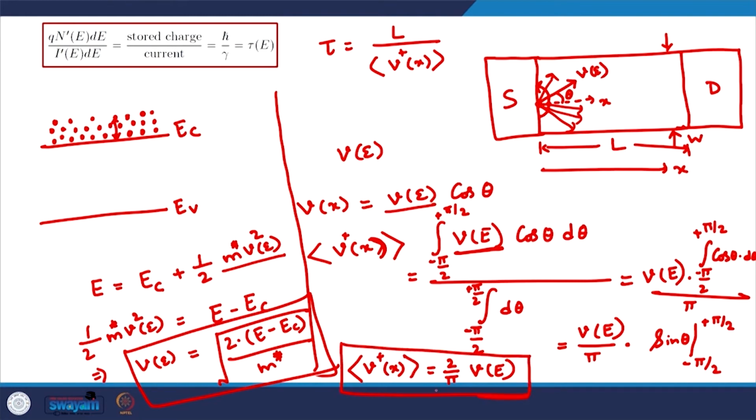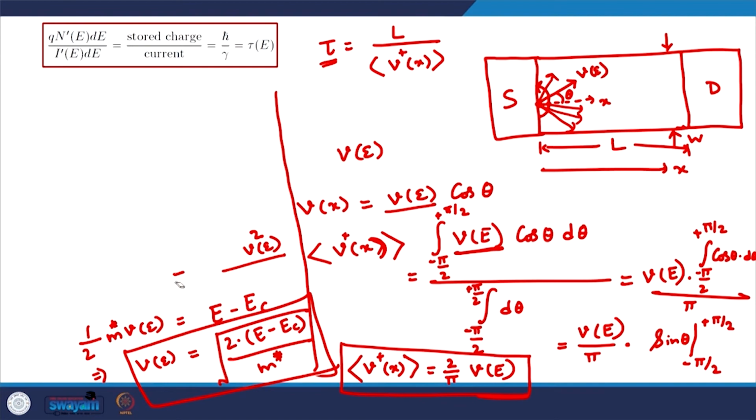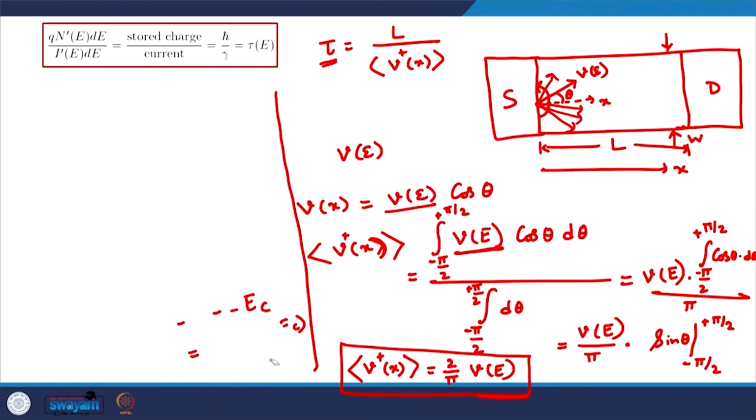Okay. So, from this, as you might have seen, we can calculate the transit time as well. The average velocity in the positive x direction is 2 by pi into Ve, so the transit time will be L divided by the average velocity of electrons in the positive x direction.